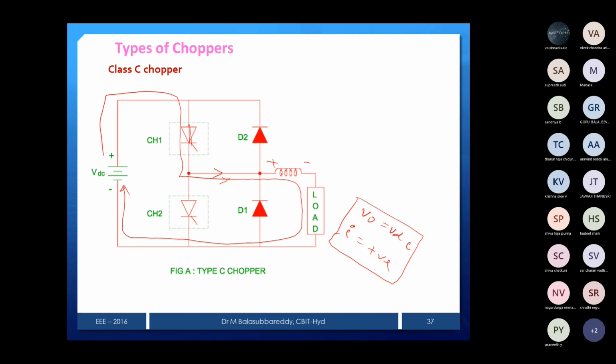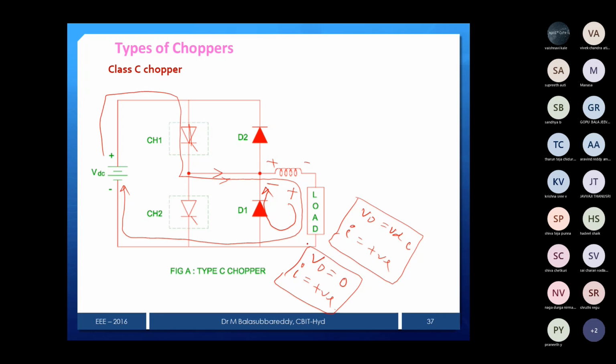Similarly, after that, the energy stored in the inductor has to dissipate. Then the polarities will reverse. This is minus, this is plus. Then it will freewheel through this. Then what will happen? Your output voltage is 0 because the diode is conducting in parallel, and the current is positive. Current is positive, voltage is 0.